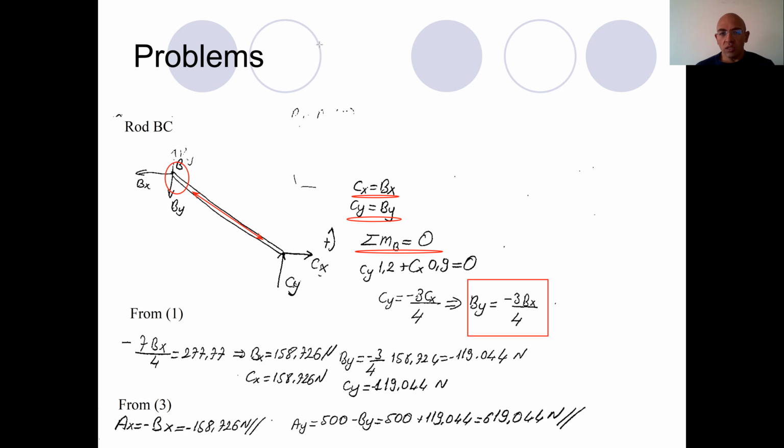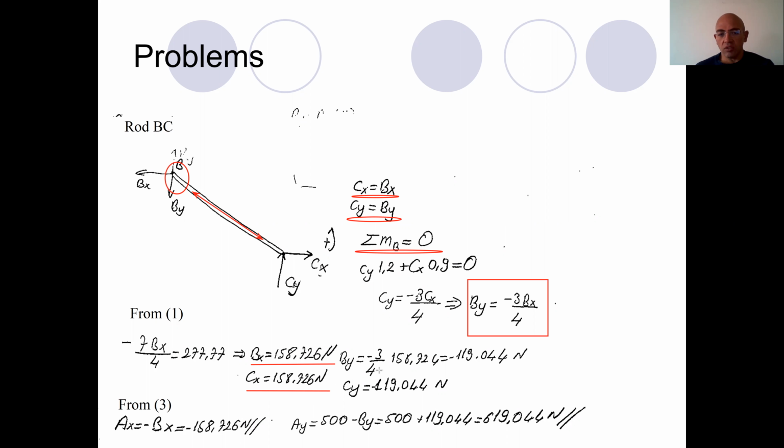From here, we obtain the Bx as 158.726 newtons. Of course, that's equal to Cx. So that is 158.726 newtons.